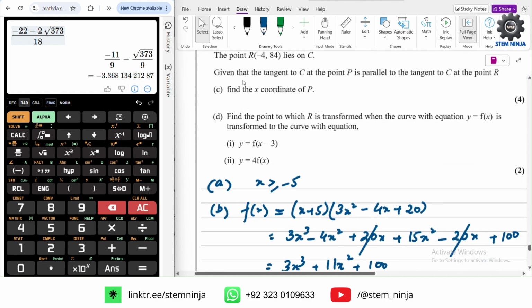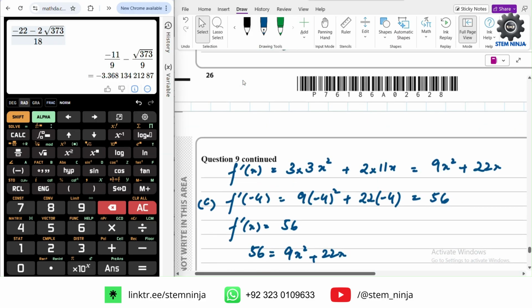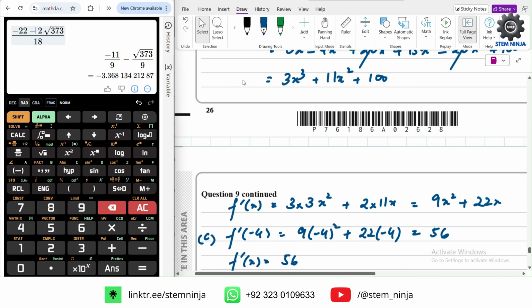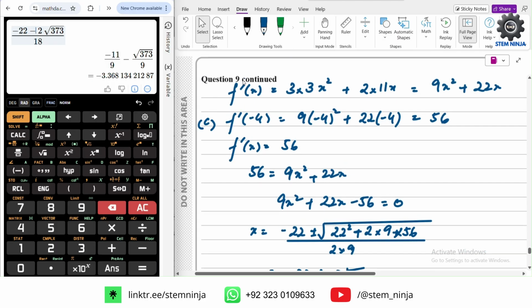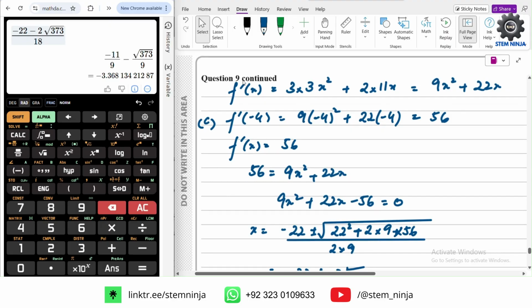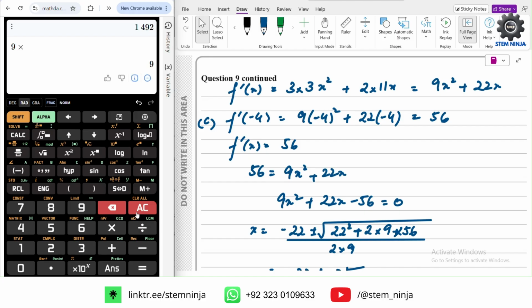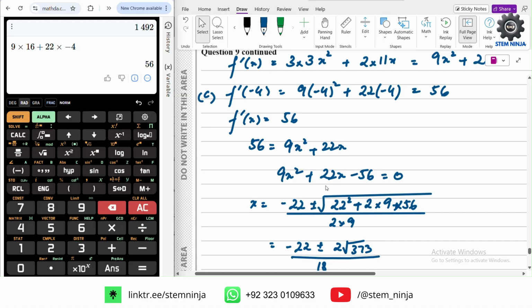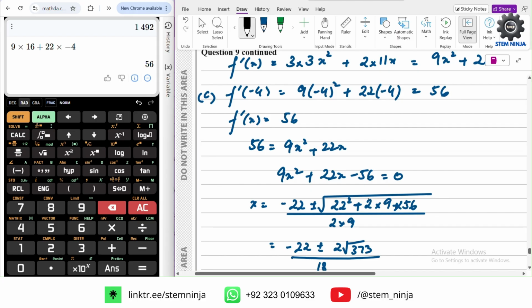So at minus 4, wait. Minus 4. So 9 times 16 plus 22 times minus 4, minus 56, that is correct. 4AC, oh sorry, my bad, I made a mistake, 4AC.